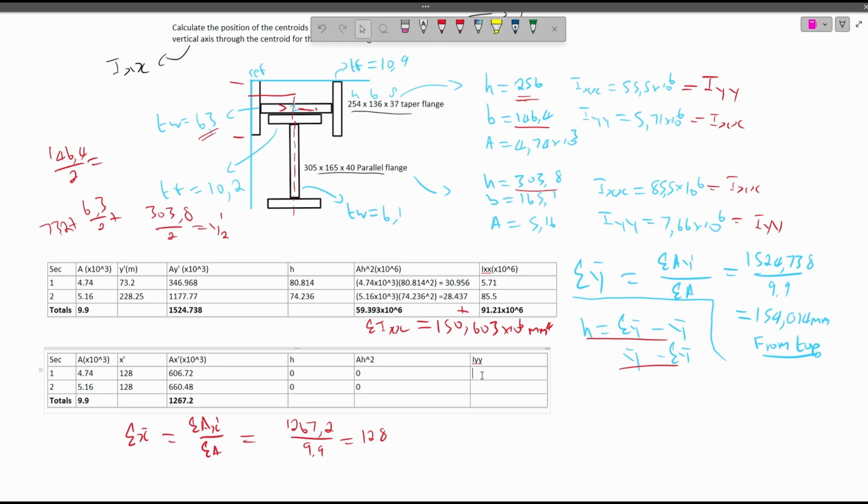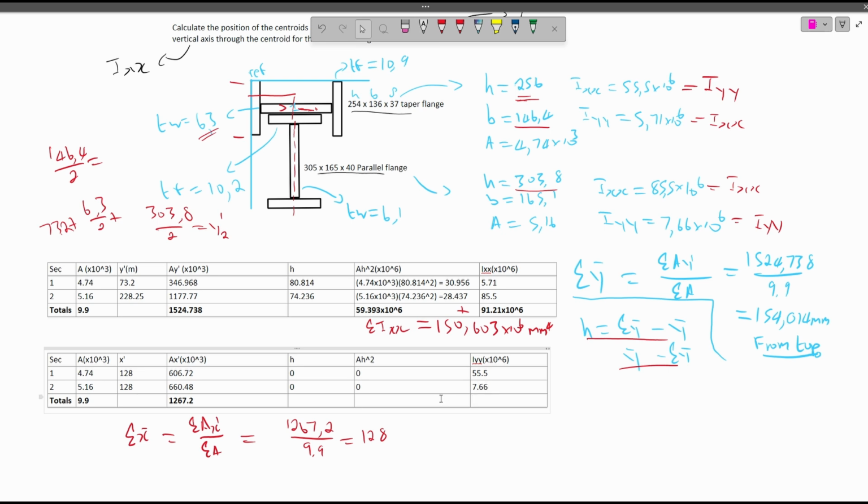Then your Iyy, for shape 1, is going to be the Ixx, which is 55.5. Then for shape 2, it's going to be 7.66 as it is.